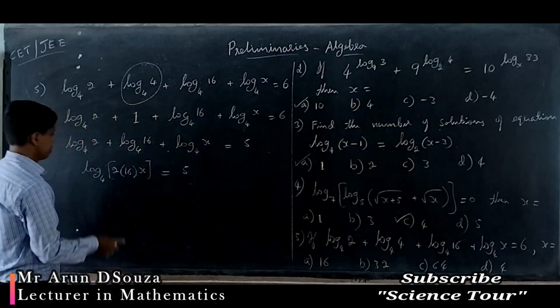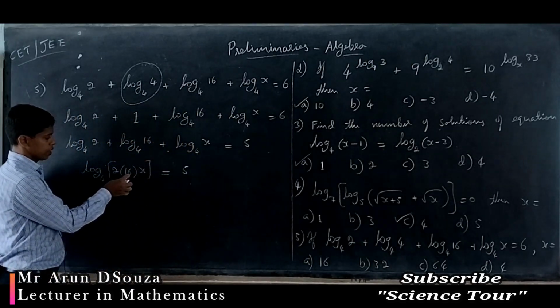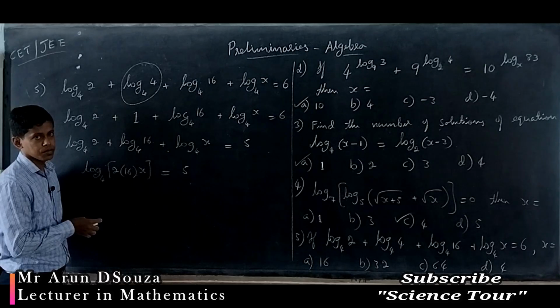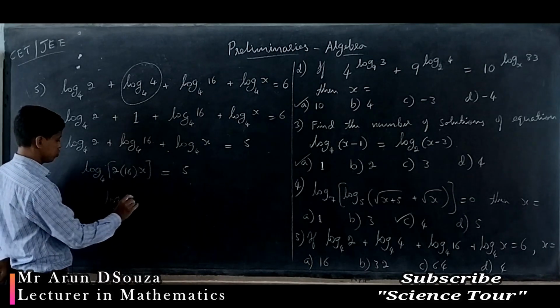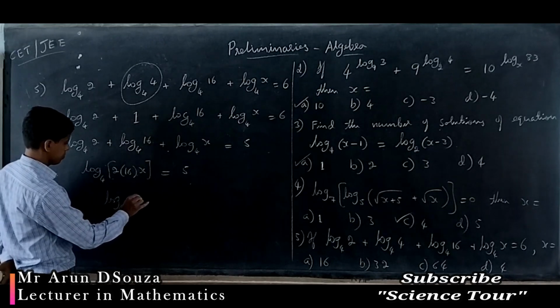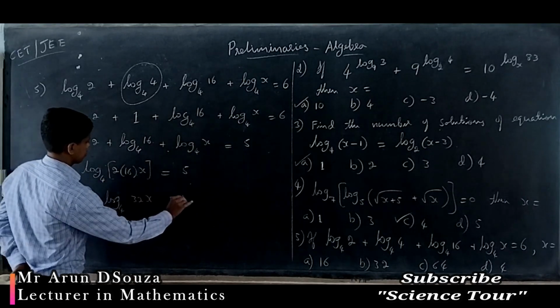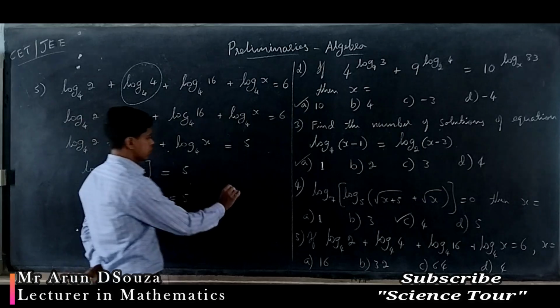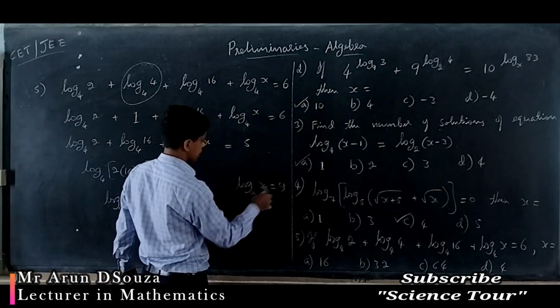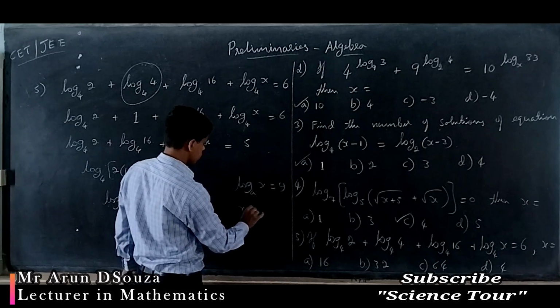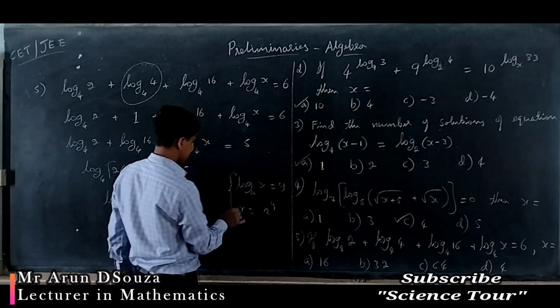Now, let us multiply. What is this? 2 into 16, 32. So this is now so much easier. Now understand the conversion between log and exponential. Log x to the base a is equal to y, then x is equal to a to the power y, correct?